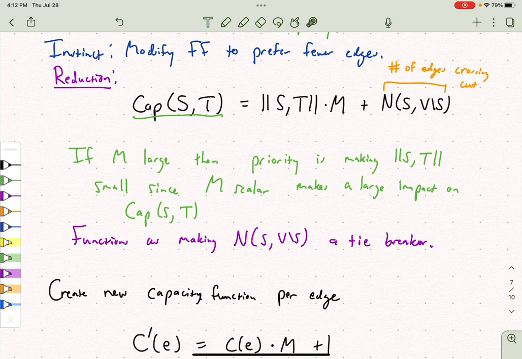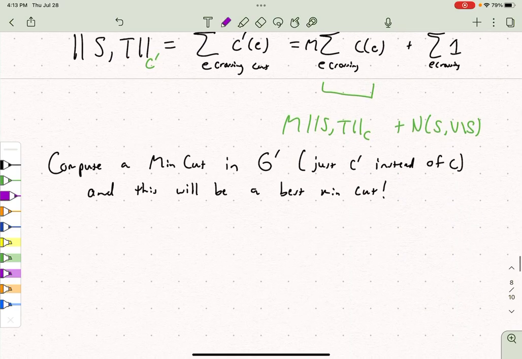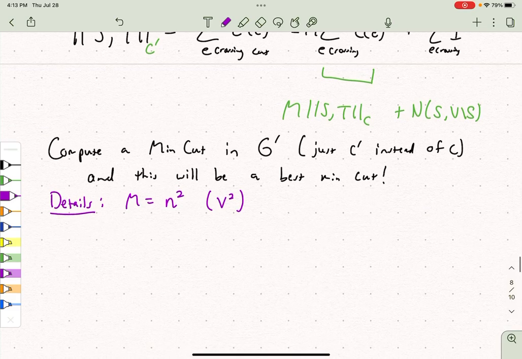Specifically, it's like n squared over 2, but just to be safe, we'll do n squared. So the details, we will make M equal to n squared. That's also called V squared. I'm just using n here to be the number of nodes. And then overall, it'll just be O of V times E time, because we're just computing a min cut.